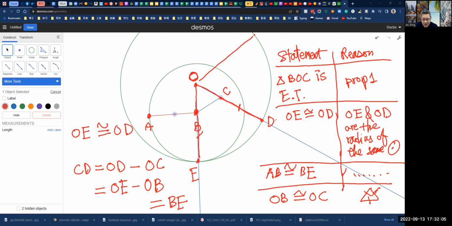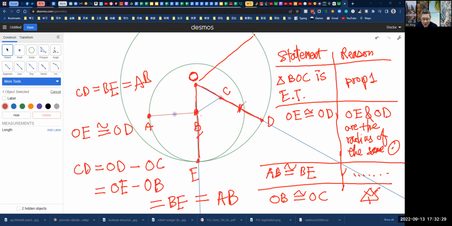But we also know that AB is the same as BE. So therefore we get this: CD is equal to BE and equal to AB.